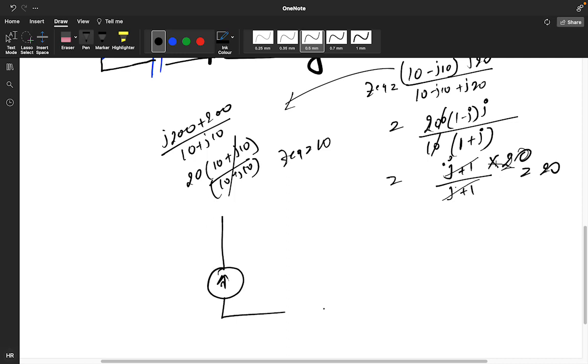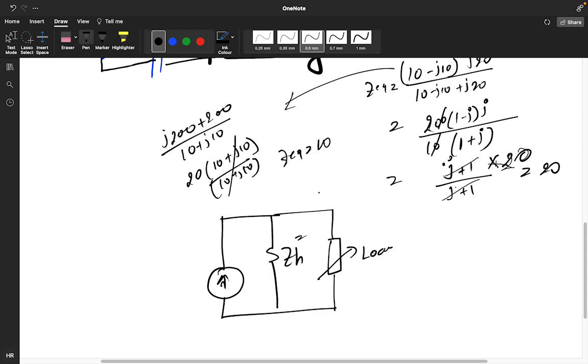You got the IN value, you got your ZTH, and this is your load, which is not given. Z equivalent is coming 20.